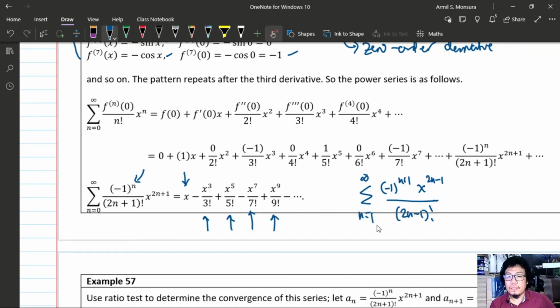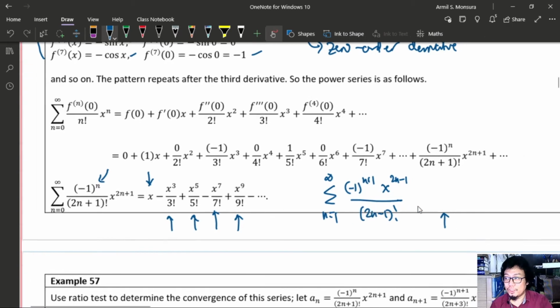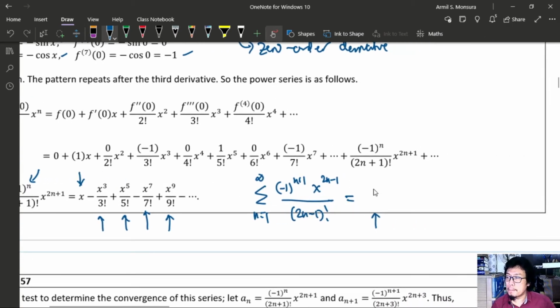So when n is equal to 1, this becomes 1 plus 1, so that's an even number, which makes it positive. So the first term is now a positive number, which we obtain as, for n equals 1, 2 times 1 minus 1, so that's x over 1 factorial, that's simply x.